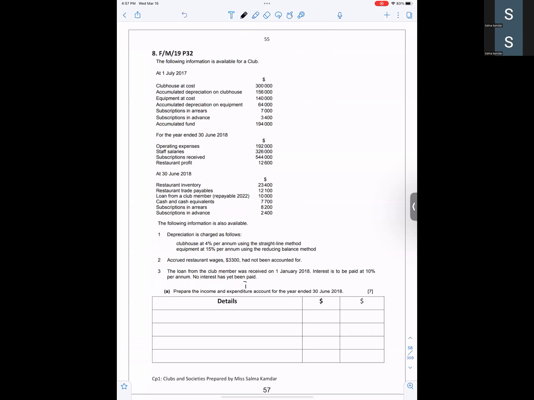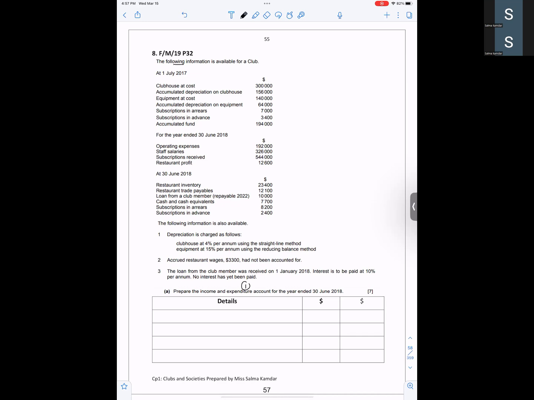What are the few things that they want us to prepare? First thing they want us to prepare is an income and expenditure account. And the second thing is a statement of financial position. Whenever you're reading the sum, you will do the markings as to what things will come where.